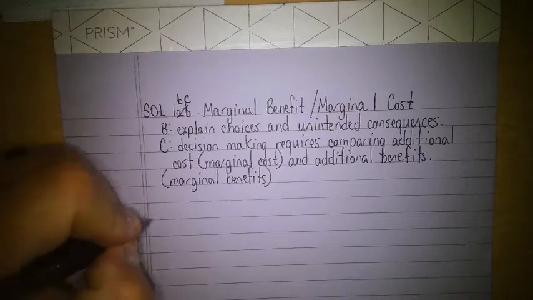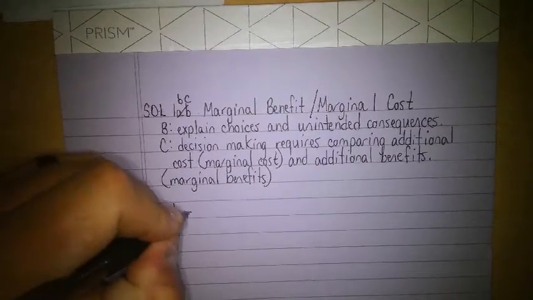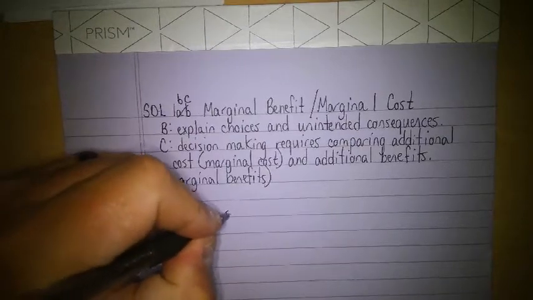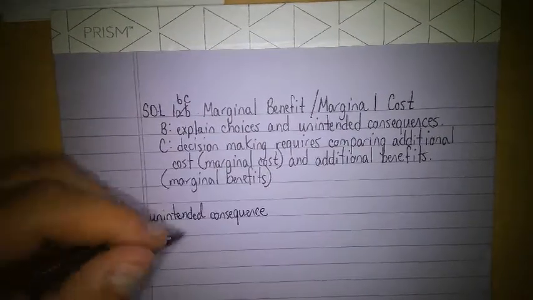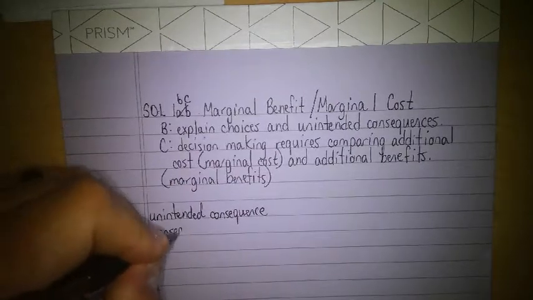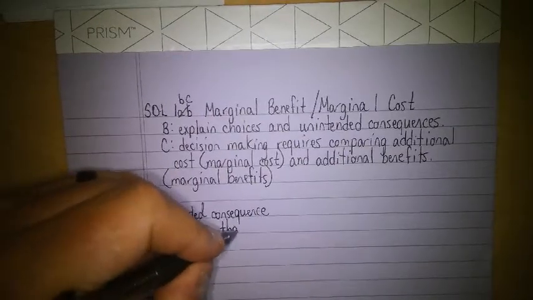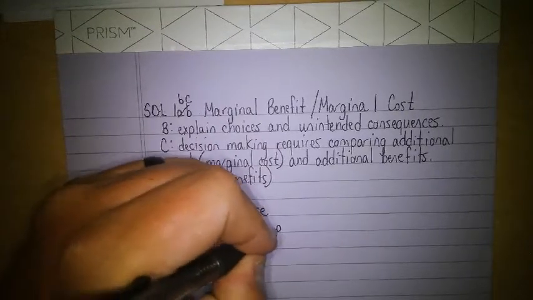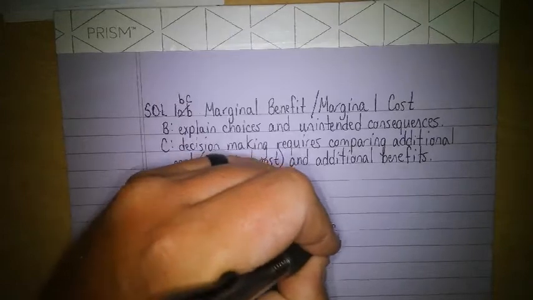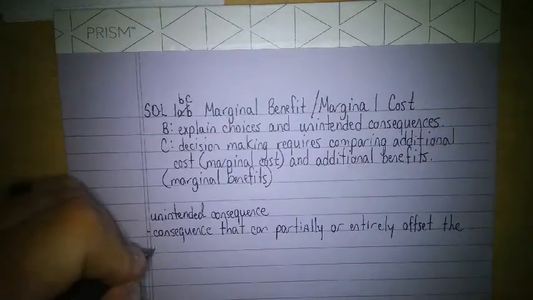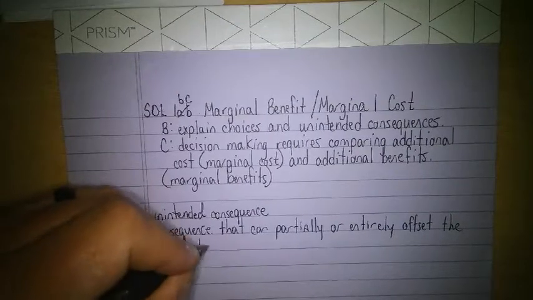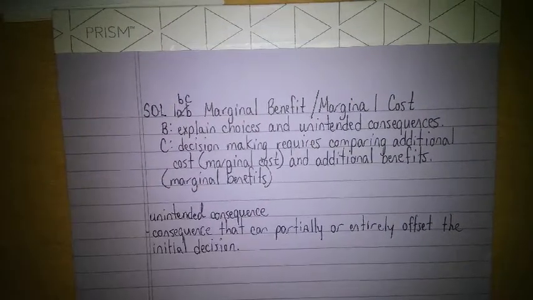So, an unintended consequence is a consequence that can partially or entirely offset the initial decision.